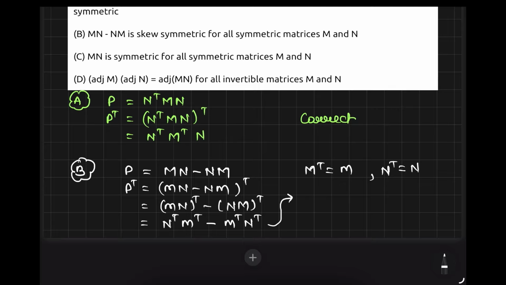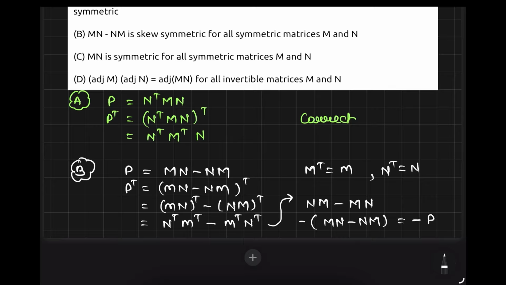Now you know that N transpose is N, because it is symmetric. M transpose is M, symmetric. Now look at this. Here M is written first, so can I take minus common? So we will have minus of MN minus NM. So yes, it is equal to minus of P. Correct?